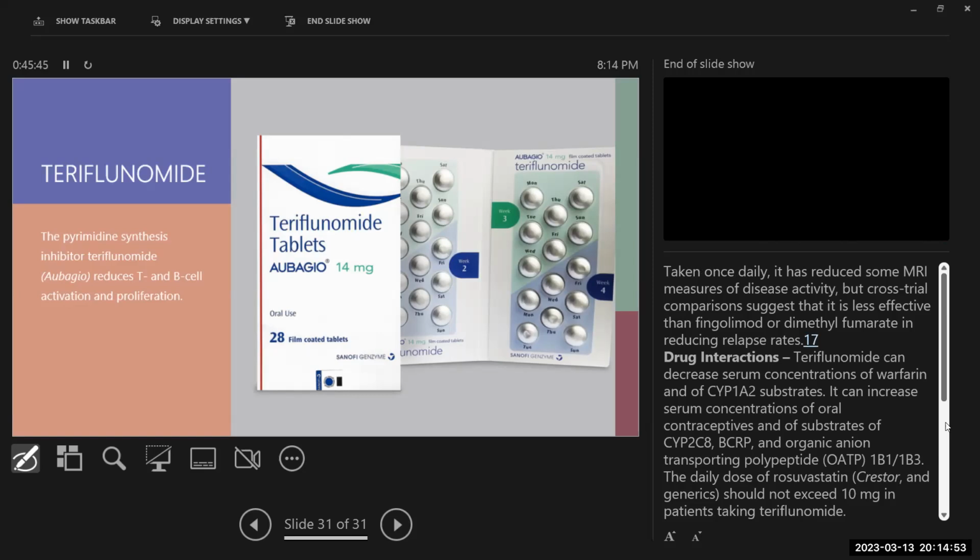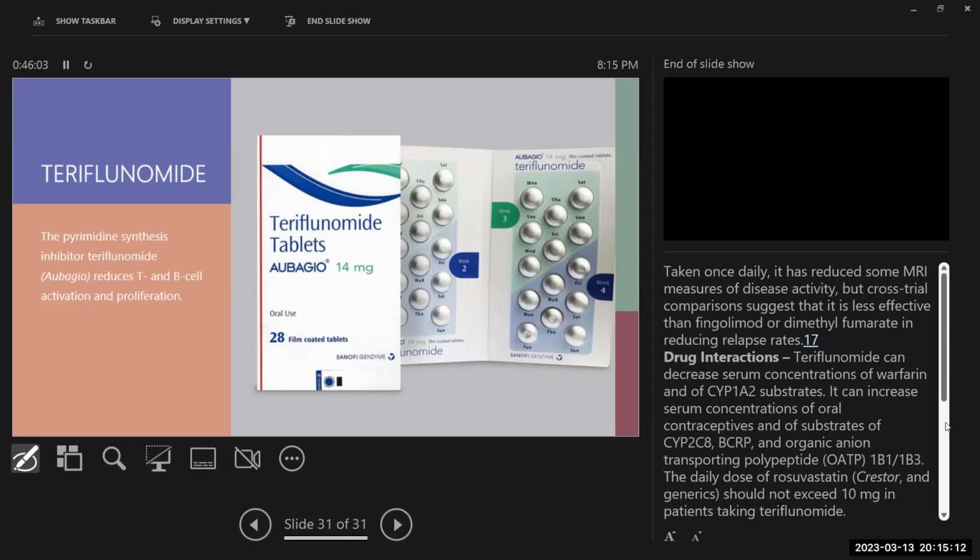This drug is less effective than the fingolimod and other drugs like that. It's also less effective than dimethyl fumarate. But it's oral, so it's easy, and if all else fails, there you are.